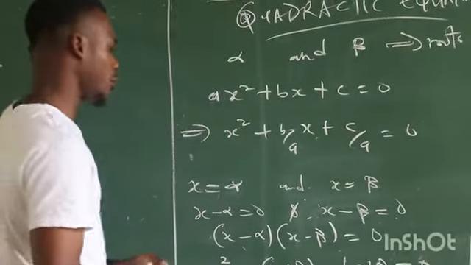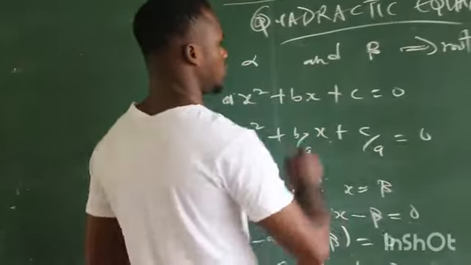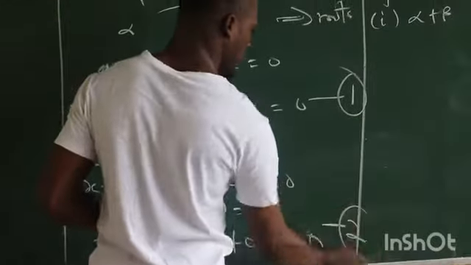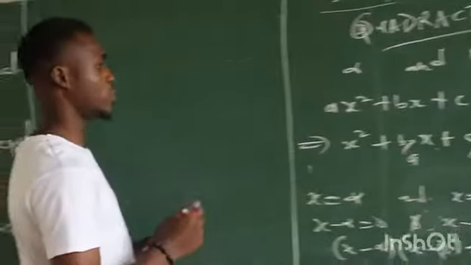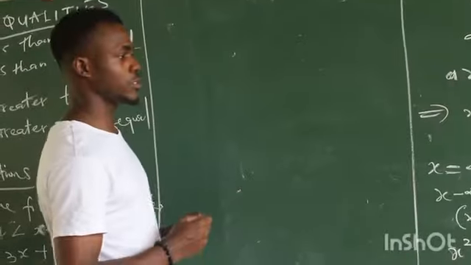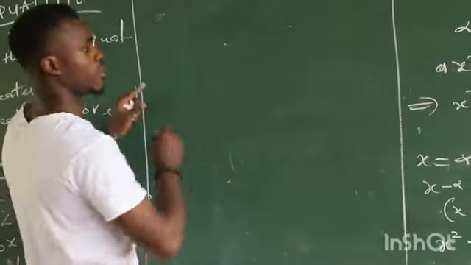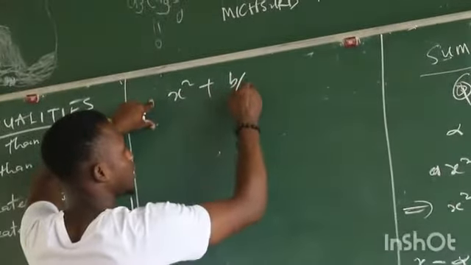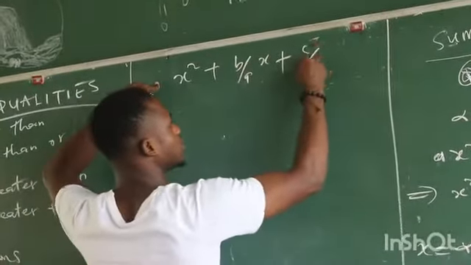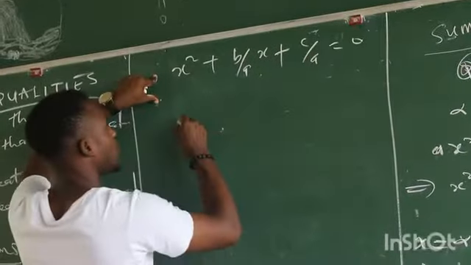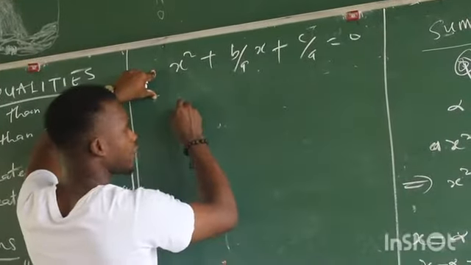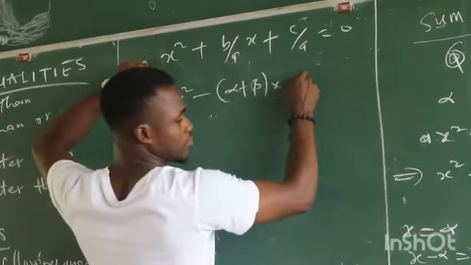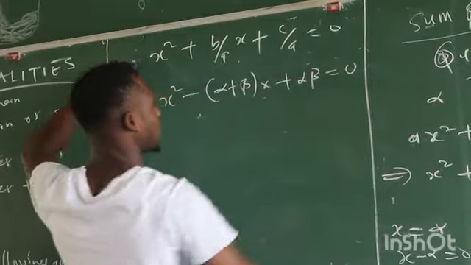Okay, so this becomes the general form that we are going to be using to calculate the alpha and beta roots. So now let's call this one equation 1 and call this one equation 2. When we compare equation 1 and equation 2, from equation 1 we have x squared plus b all over a, x plus c all over a is equal to 0, and from equation 2 we have x squared minus (alpha plus beta)x plus alpha beta is equal to 0.